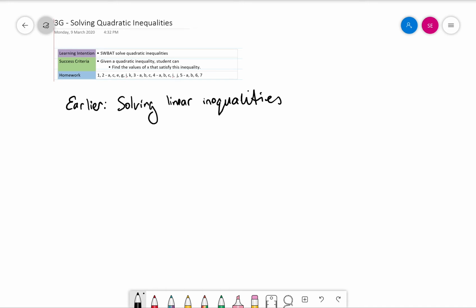Now, this involved looking at the symbols, say x less than or less than or equal to, greater than or equal to some number. So x is less than 1.